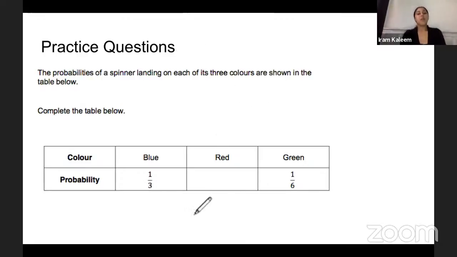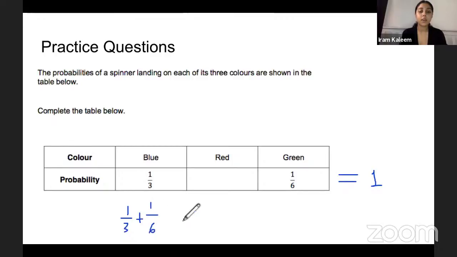So for this question, we're using the idea that the probabilities of each outcome in an experiment all add up to 1. The total is going to be 1. So what we're going to do is we're going to add 1/3 and 1/6 together. So first let's get the sum of those.